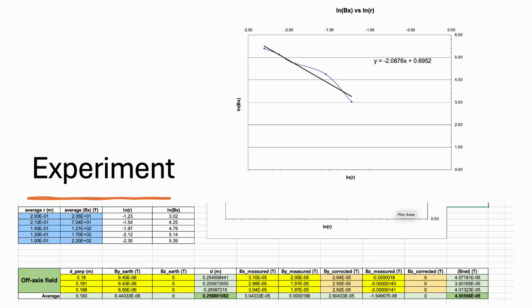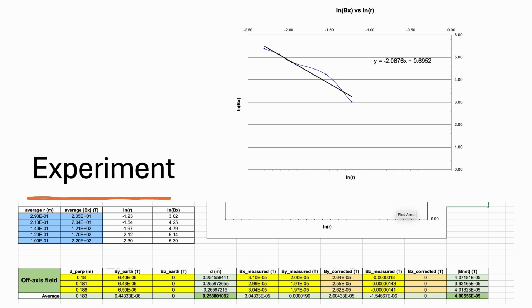The off-axis field was calculated at the bottom, where you have a distance perpendicular in meters, the magnetic field of the y value of the Earth, and then we took the magnetic field in the z to be 0.